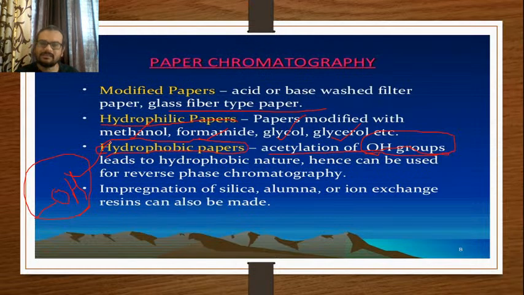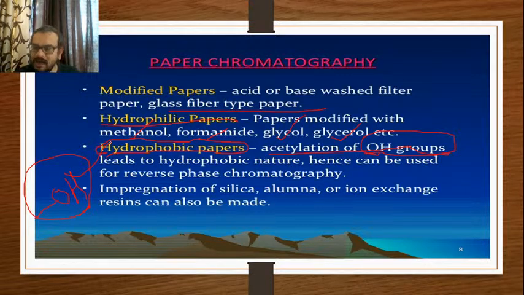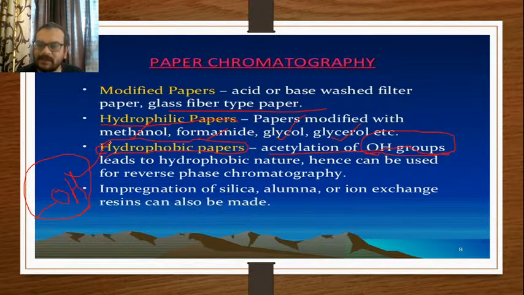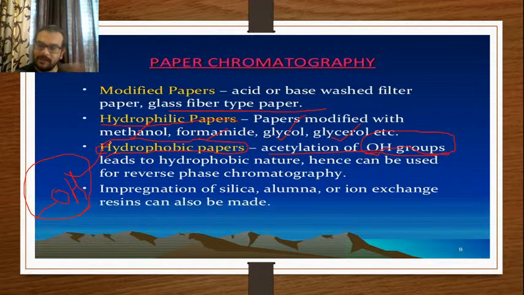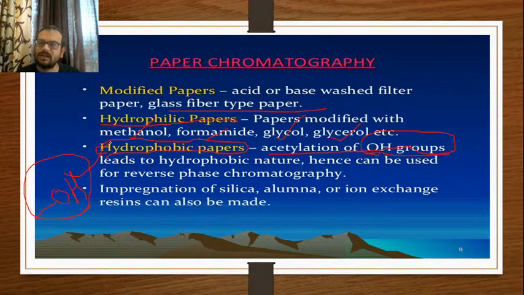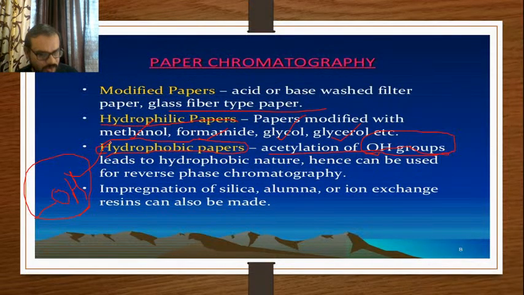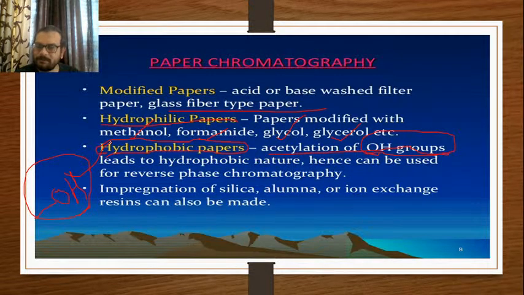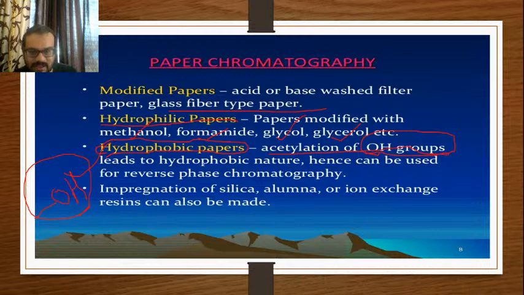But there is a simple way of transforming your filter paper by treatment with different organic compounds, and by maximizing the separation of your organic compounds, you can treat the filter paper to different chemicals and at times convert it into a more basic form, a more acidic form, a hydrophilic form, or a hydrophobic nature. So, okay, you can even convert your paper by treating it with silica and alumina.